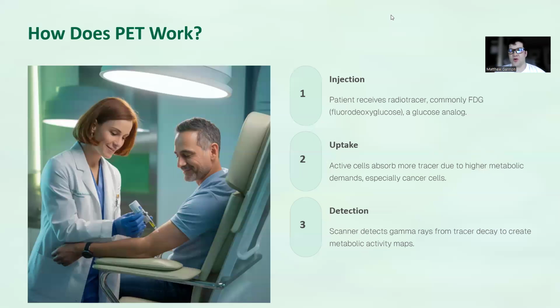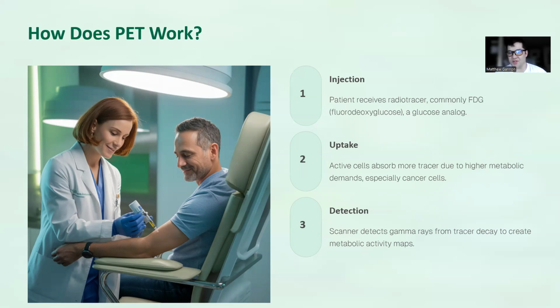So how does it work? The nuke med tech is going to inject you or somehow give you a radioactive isotope. Most of the time it's FDG, fluorodeoxyglucose, and then the uptake: the active cells absorb more tracer due to high metabolic demands, especially cancer cells.